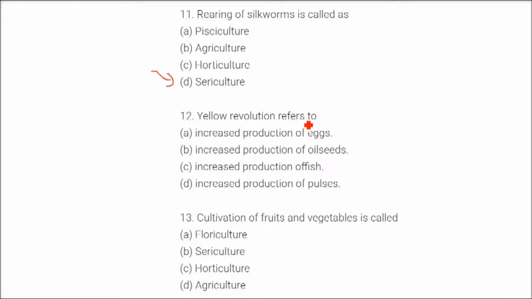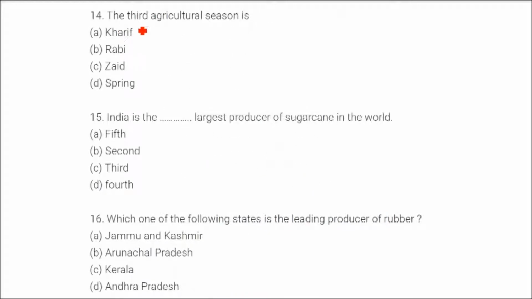Yellow revolution refers to increased production of oil seeds. Cultivation of fruits and vegetables is called horticulture. The third agricultural season is Zaid. It is in between Rabi and Kharif.